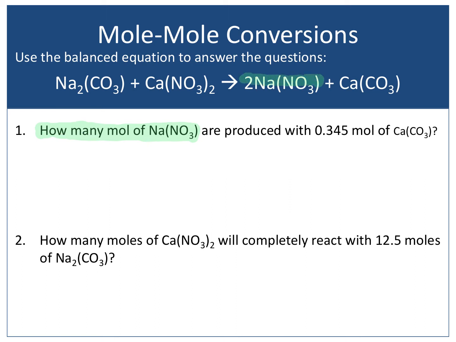So NaNO3 here is what I want in this question. Are produced with 0.345 moles of CaCO3. So I am given CaCO3.